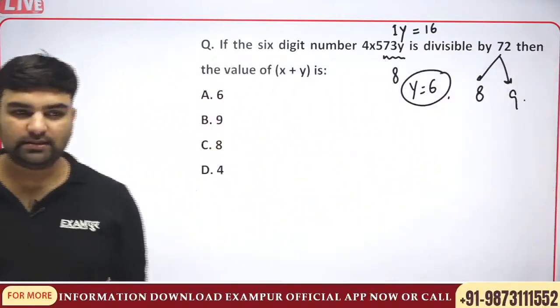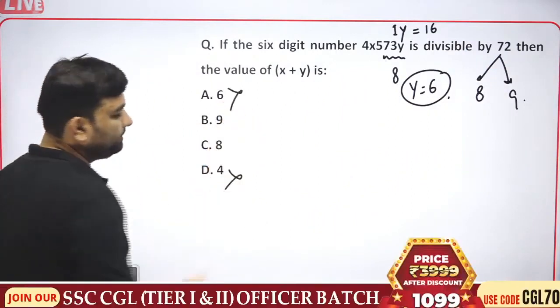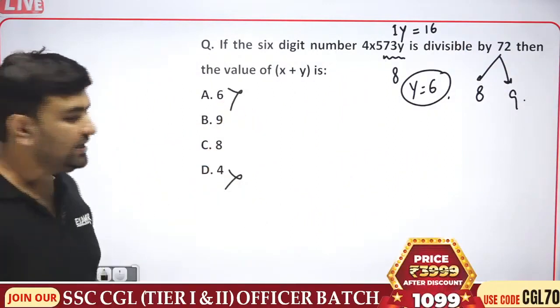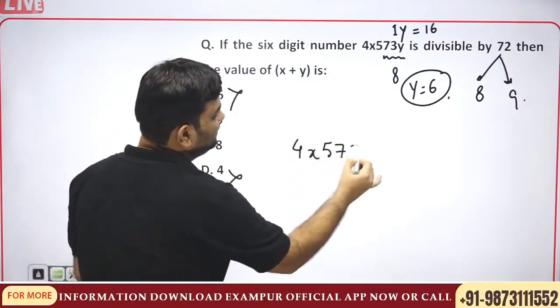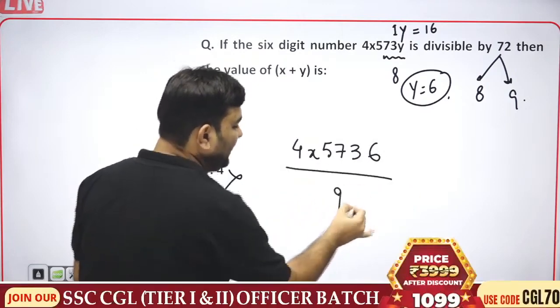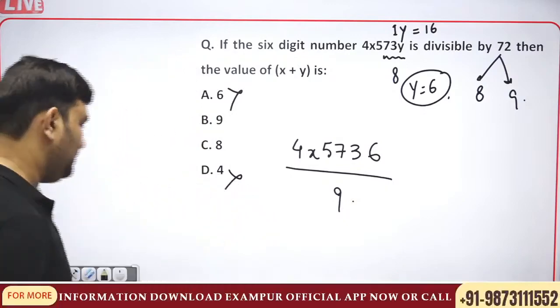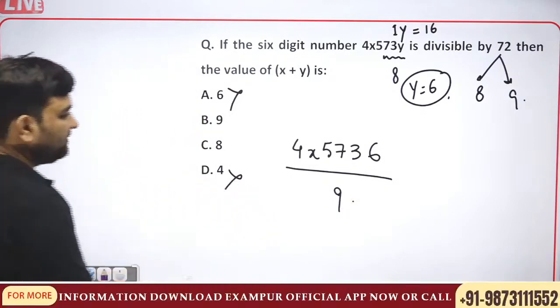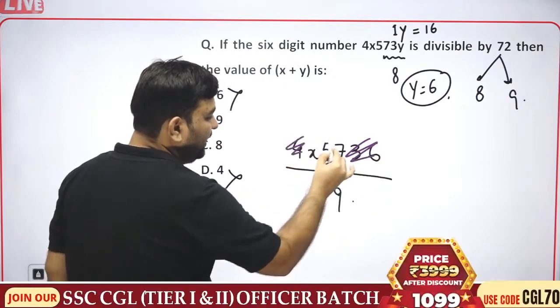The number is 4, x, 5, 7, 3 and y is 6. Now this number should be divisible by 9 as well. For 9, we add the digits.